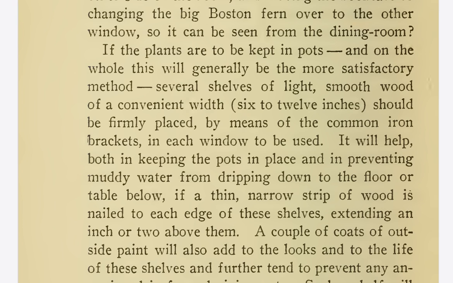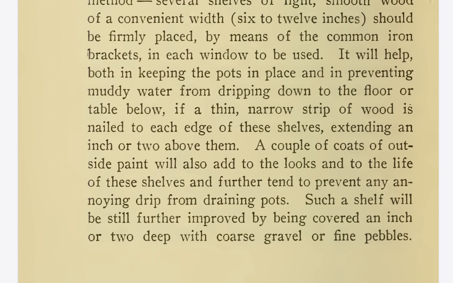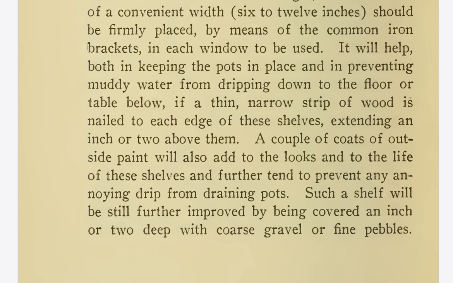It will help both in keeping the pots in place and in preventing muddy water from dripping down to the floor or table below. If a thin, narrow strip of wood is nailed to each edge of these shelves, extending an inch or two above them, a couple of coats of outside paint will also add to the looks and to the life of these shelves, and further tend to prevent any annoying drip from draining pots.